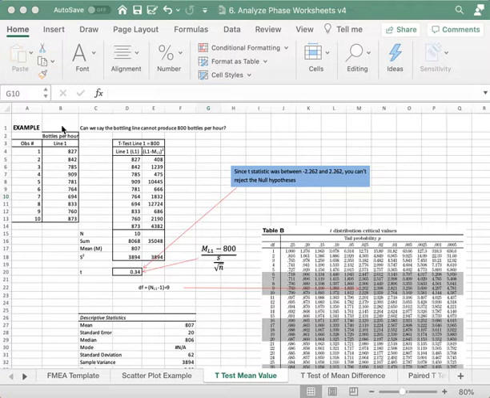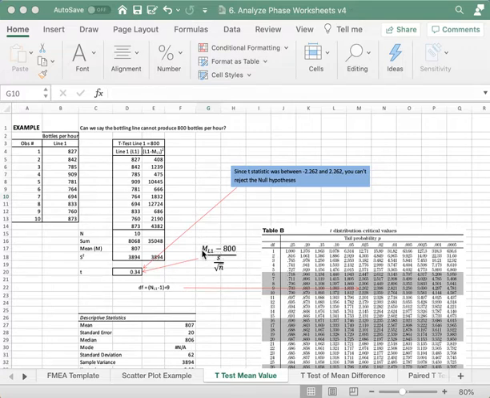And here we have the data, here we have the line. This is just the math behind it. We have n equals 10, we have the sum, and the mean of 807. We know that 800 is the known value.